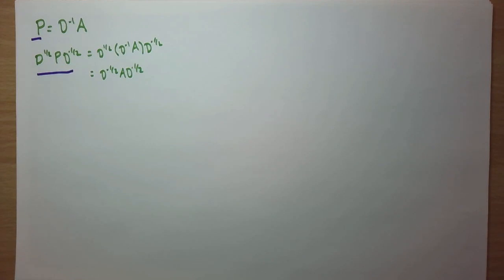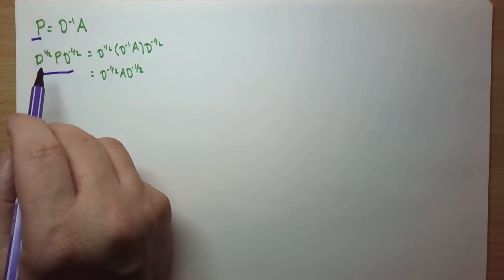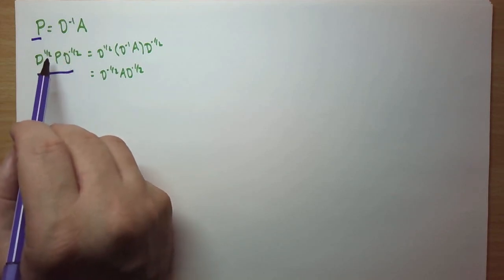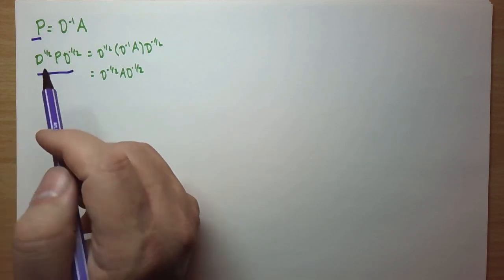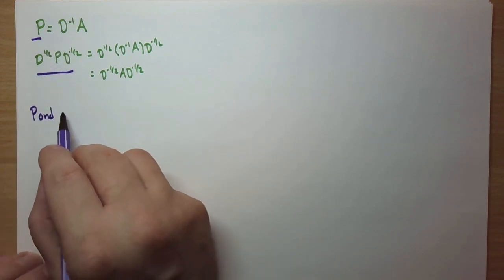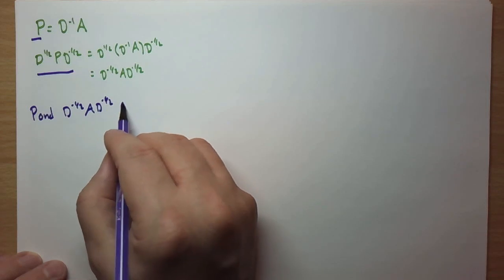Don't try to think too hard. If it helps, how do these matrices on the end compare? They're inverses, so what do we have? They're similar. So P and D to the minus 1/2 A D to the minus 1/2 are similar.